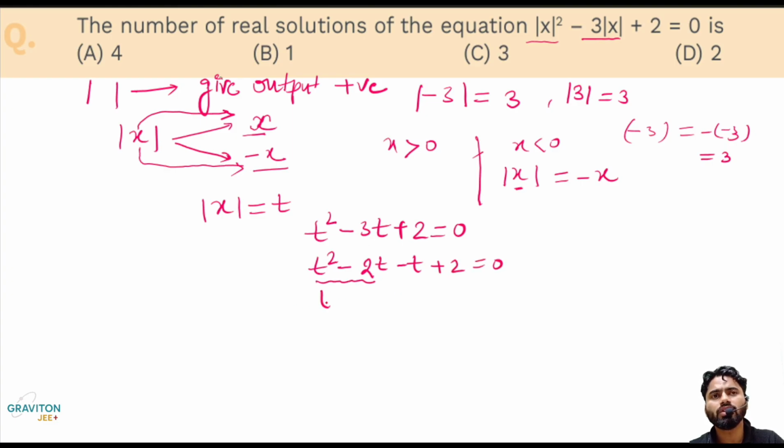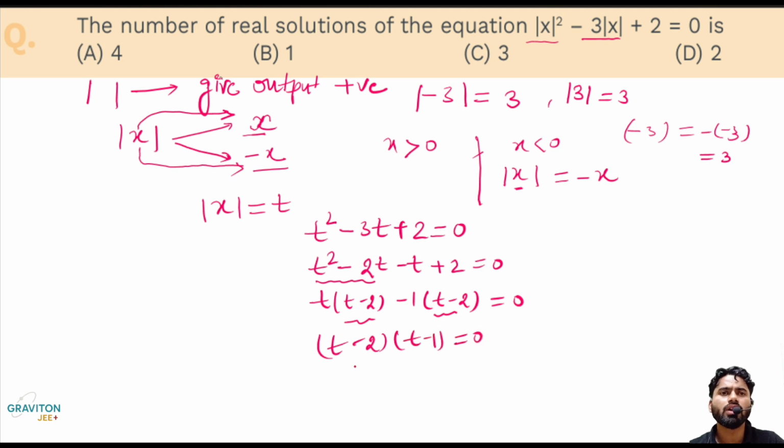Take t common from the first two terms, giving t into t minus 2, and take minus 1 common from the rest, giving minus 1 into t minus 2 equals 0. Now taking t minus 2 common, t minus 2 into t minus 1 equals 0, so t minus 2 equals 0 or t minus 1 equals 0. So t equals 2 and t equals 1.